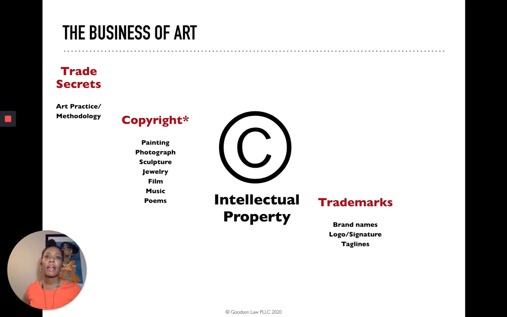So whereas copyrights sort of exist as something that protects the fruit of creativity in and of itself, like because it exists, trademark is different. Trademark is all about commerce, and the idea is that the United States Patent and Trademark Office, the USPTO, will give certain applicants the right to own a certain logo or own a name or own a tagline. And that ownership right gives that entity or that person the ability to keep other people from using those trademarks as they apply to putting products and services in the marketplace.